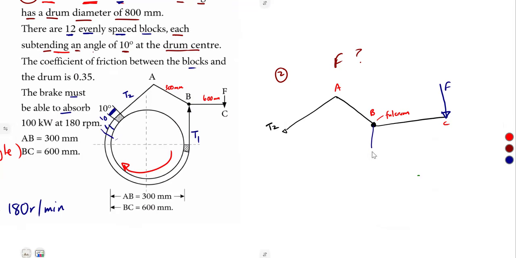So meaning to say, guys, as of T1, there is no effect that is going to happen here because it is at the fulcrum. So there is no movement. There's no distance to the fulcrum, to say T1 times a certain distance. So it will be actually out of our equation. All right, so let us apply our moments.